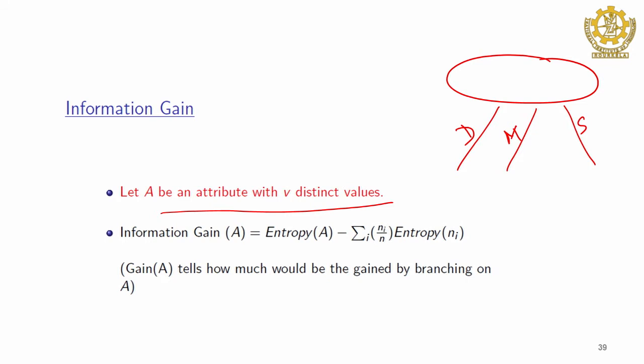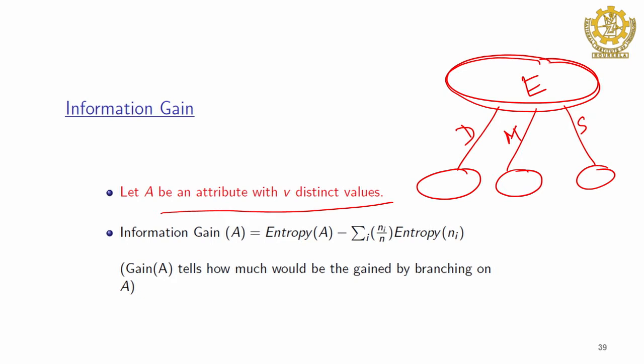In a similar line to the Gini index measures, we will have an entropy for each individual node, and then we take the weighted sum. As I told earlier, let us say there are 100 objects, split as 30, 60 and 10.